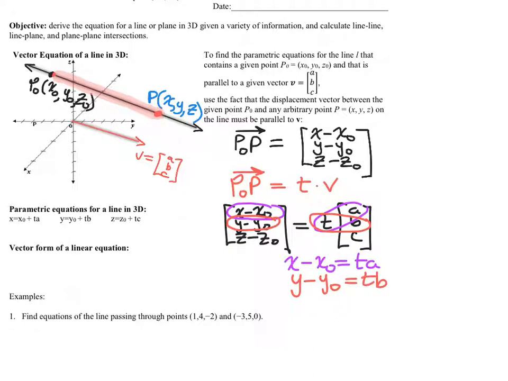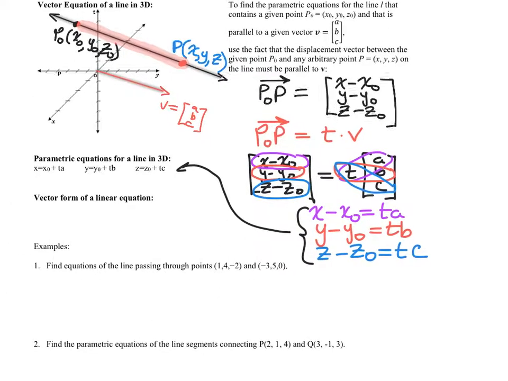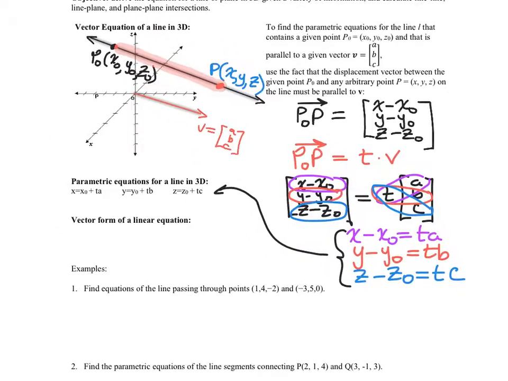And then z minus z sub o is going to be t times c. And just by adding your initial values to both sides, you get the parametric form. All right. So that's a nice little formula derivation.